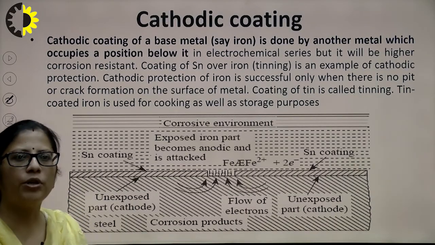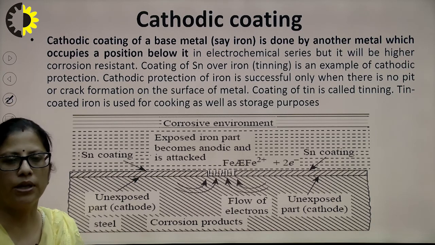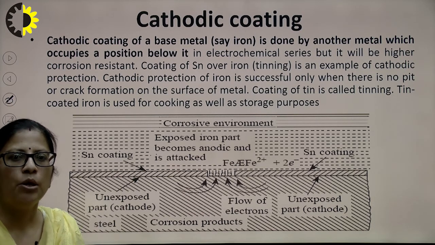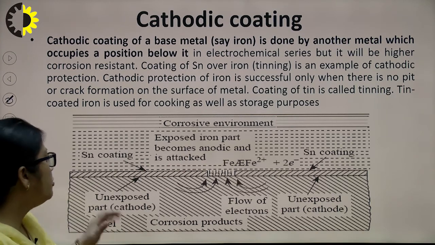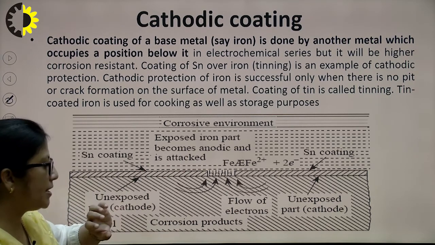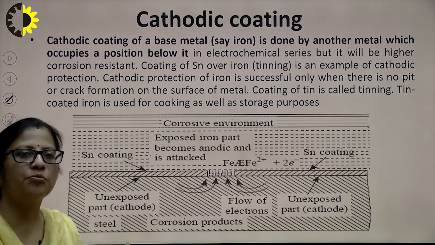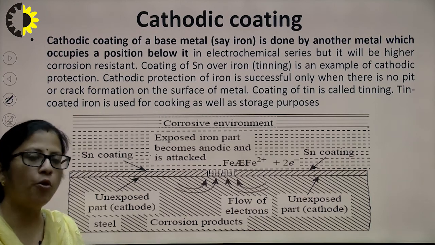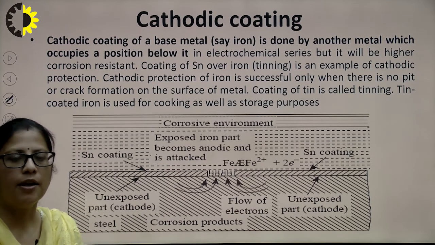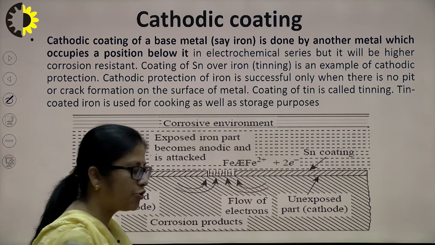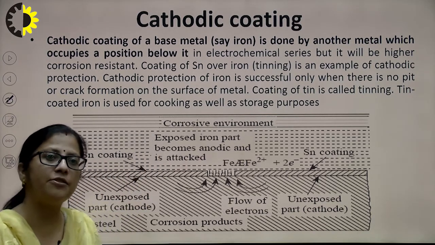Second type of coating is cathodic coatings. Now, here we are going to protect our underlying metal with a coating which is more cathodic, a metal which is lower in the electrochemical series. Now, a metal which is lower in the electrochemical series is going to be less reactive.